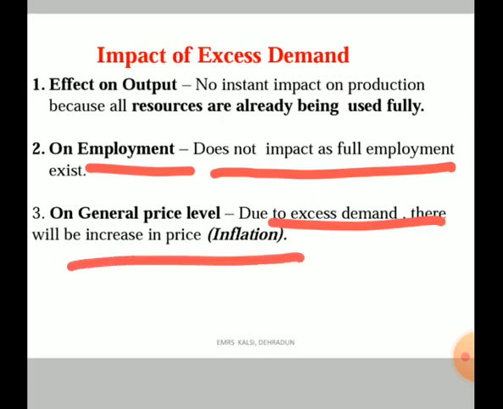So there will be a situation of inflation until there is an increase in the production. When production increases and matches the demand, then the price will go down. So these are the impacts on these things.